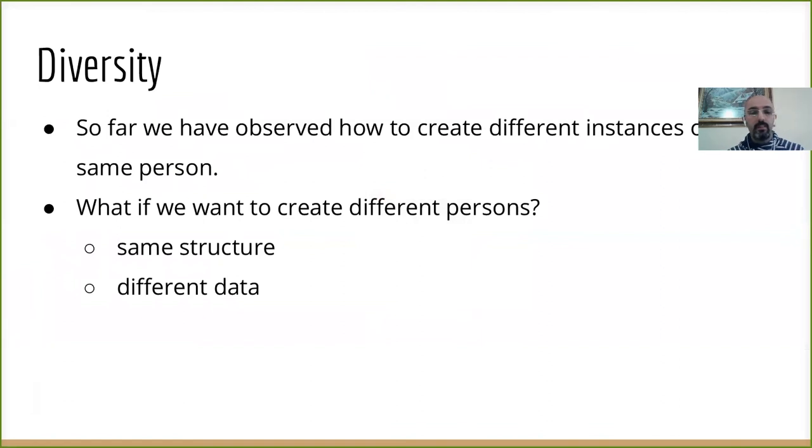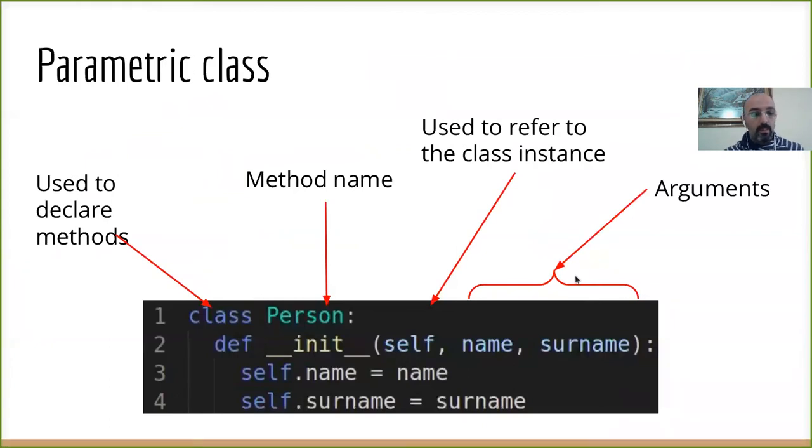So the idea of having a class is having some specifics, how this class should be, what attributes it should have. And then the moment we create an instance, we assign values. So the idea is to have the same structure, but different data. So how do we do it basically?